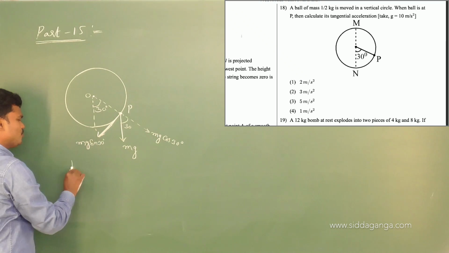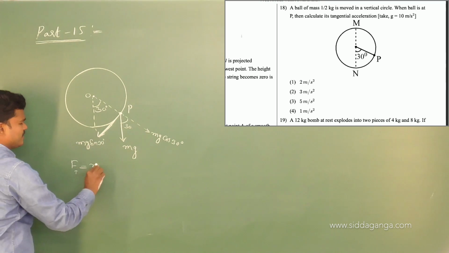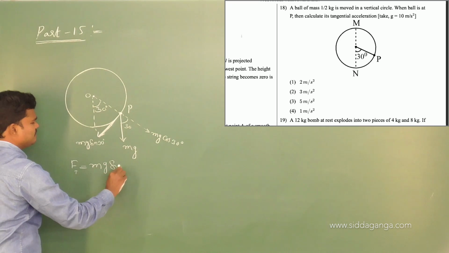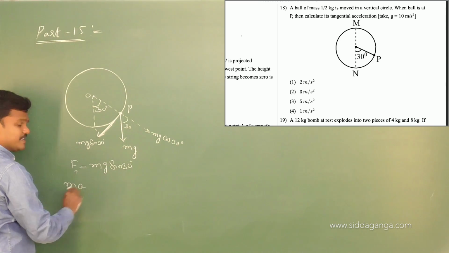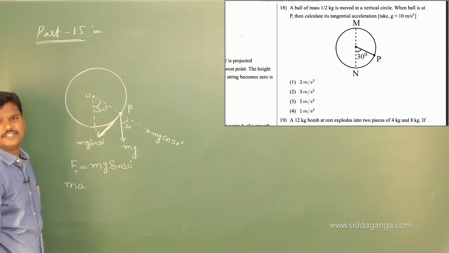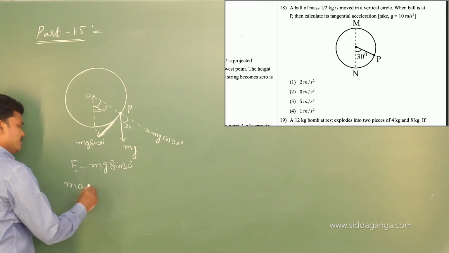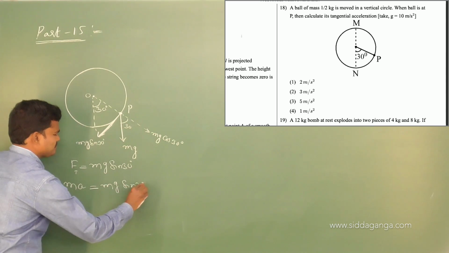So the tangential force, Ft, we can write as mg sin 30. But this can be written as ma, tangential acceleration. We can write directly a as g sin theta, but I am using some steps.